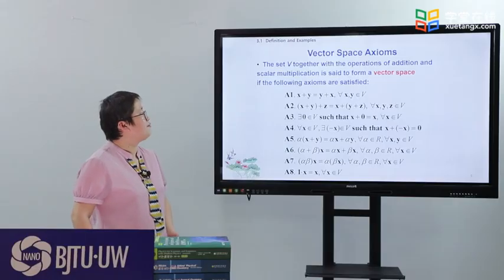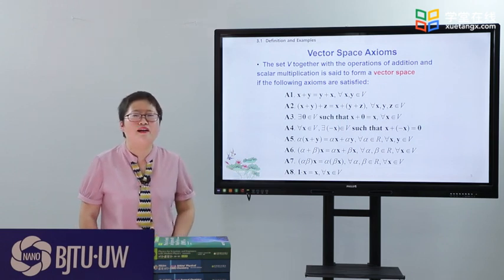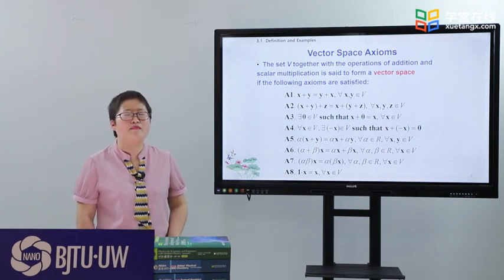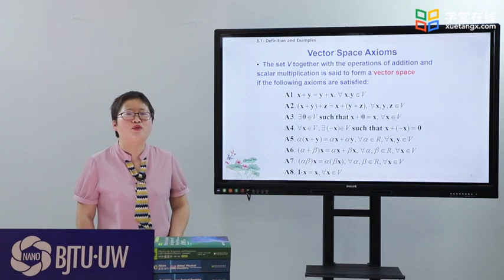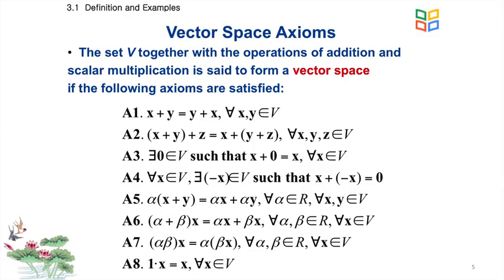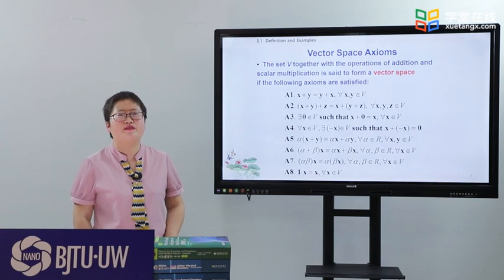And the set V, together with the operations of addition and scalar multiplication, is said to form a vector space if the following axioms are satisfied. We have 8 axioms. The first one, A1, requires X plus Y equals Y plus X for any X, Y belonging to V. So this means you can change the positions of the two vectors when doing addition, okay?